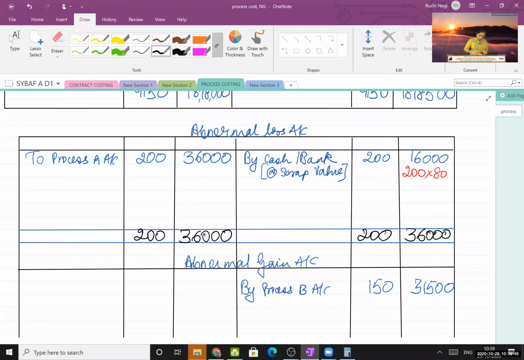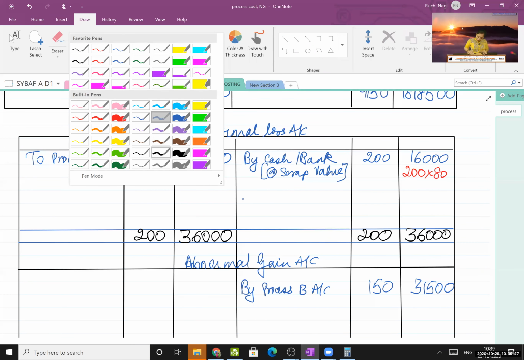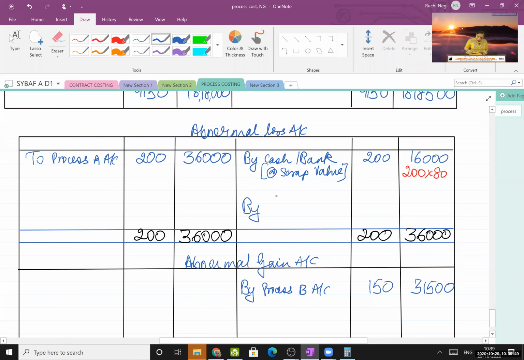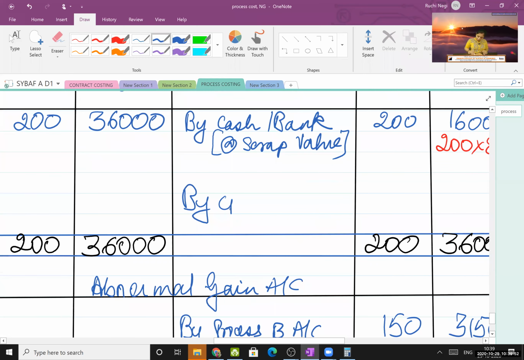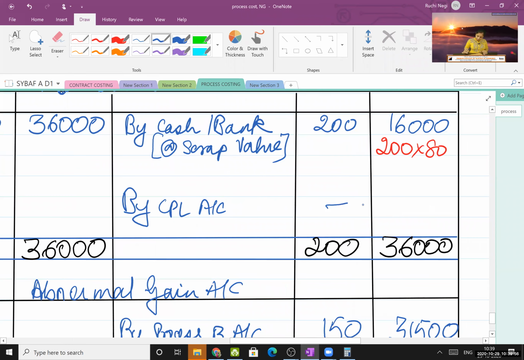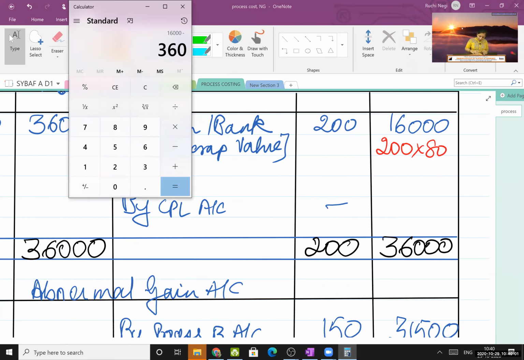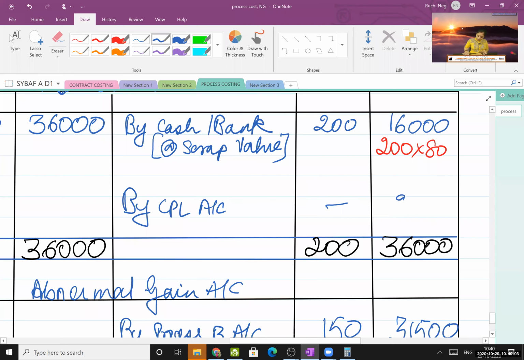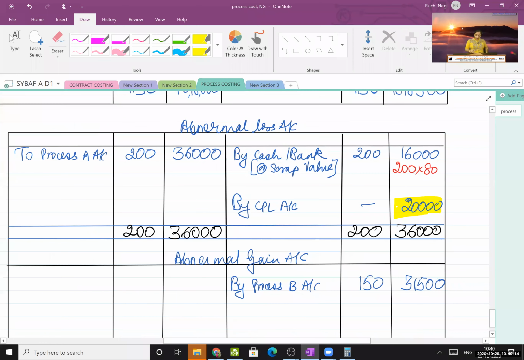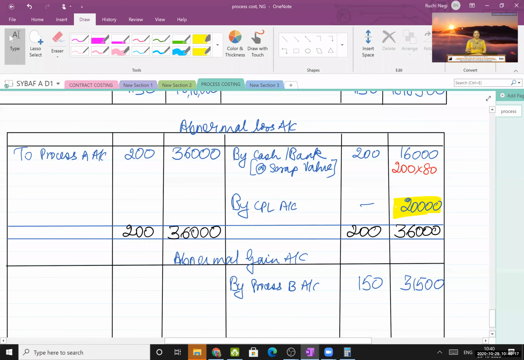So now my loss is only of, so this loss goes to CPL. So 36, so 20,000 का मुझे लॉस दिखेगा कॉस्टिंग. Okay, clear? Also it is clear, everyone?